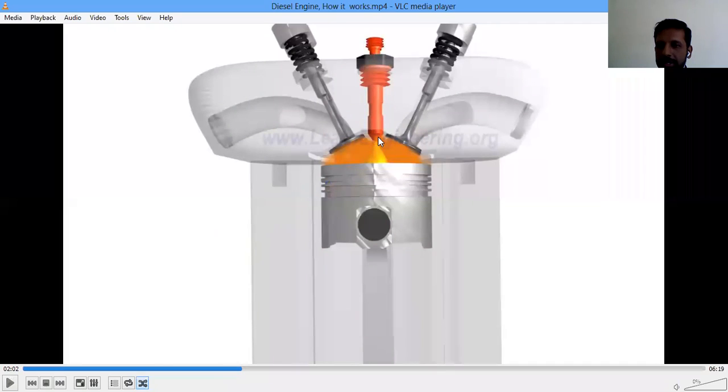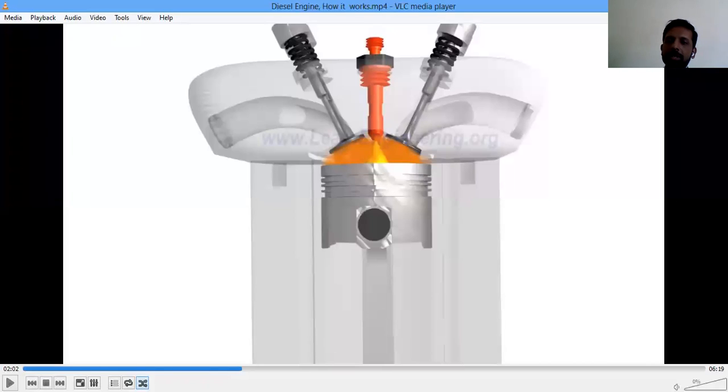Through the fuel injector, the orange part represented over here, we can see an inverted V shape in light yellow, which is the diesel fuel being injected as a very fine atomized spray. But when is it being injected? It is being injected where we have high pressure air at higher temperature.